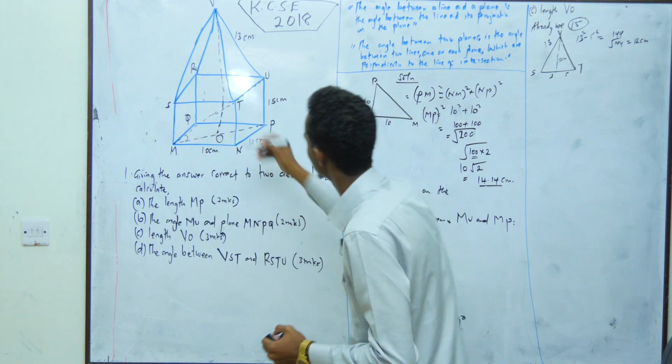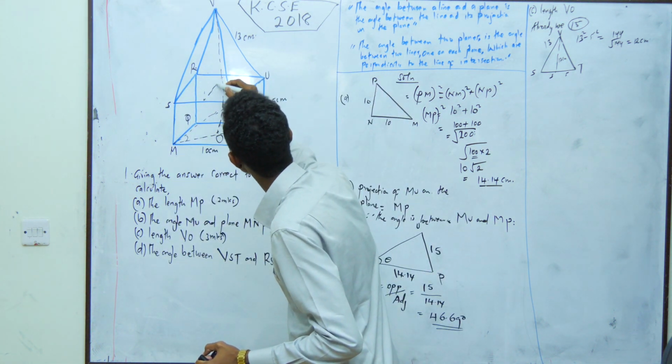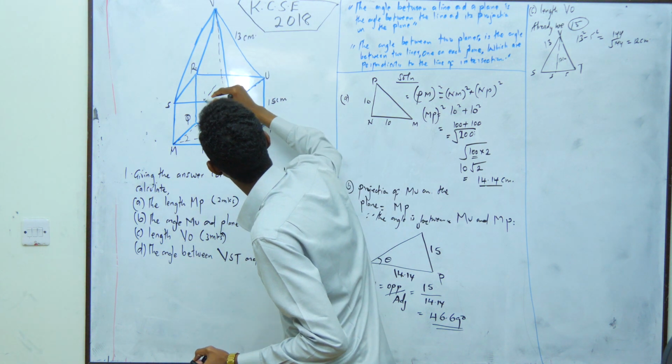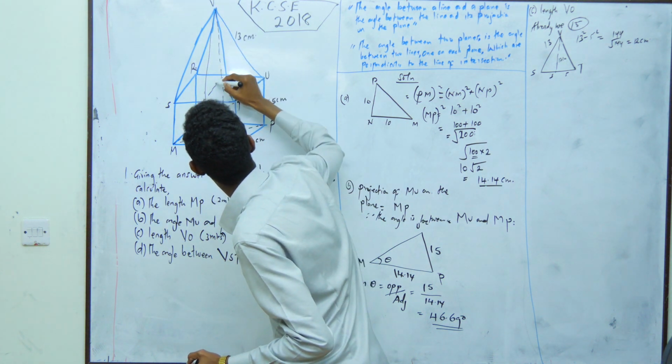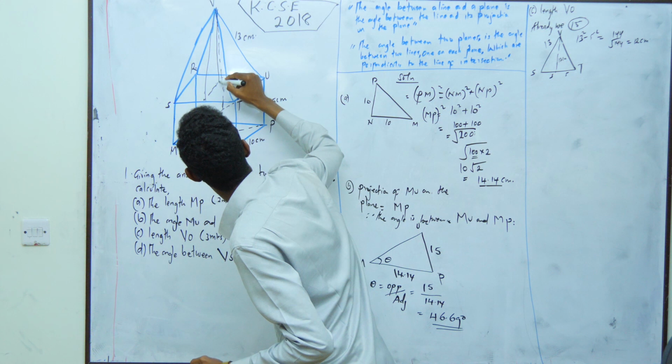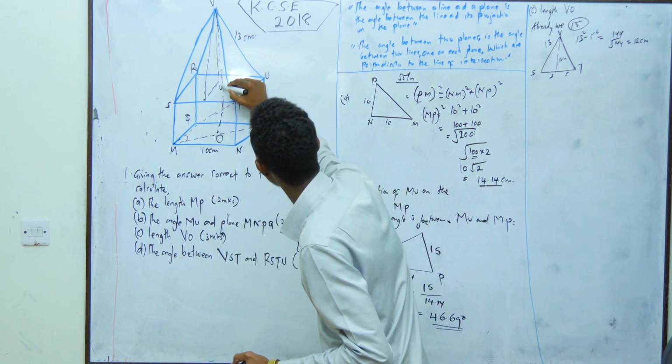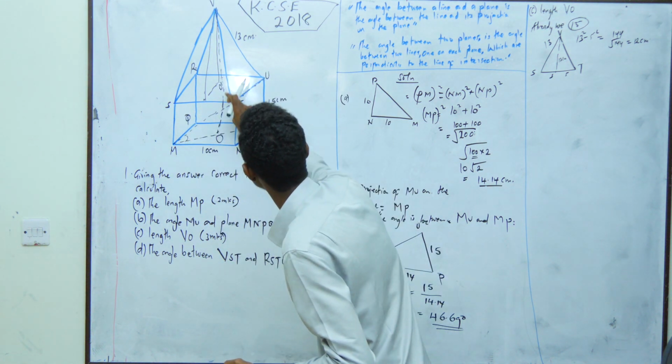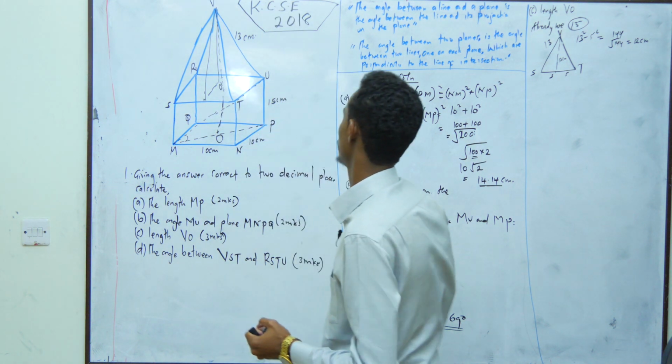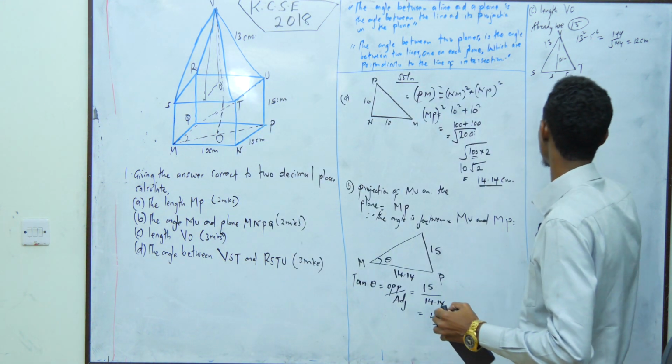Now again we can drop this one. You can join that one, then we drop this one, then we draw another one like that. Now you can see this one is upright. This was the O, and this is our upright of the top plane. Now let's look at that one.